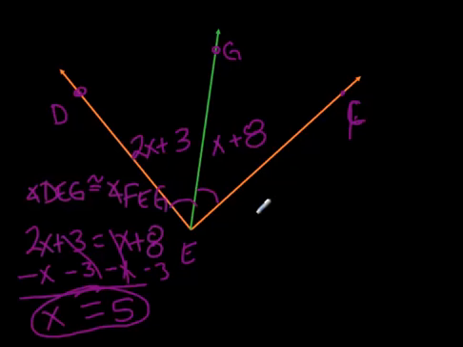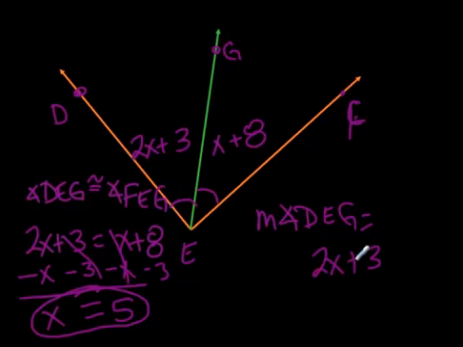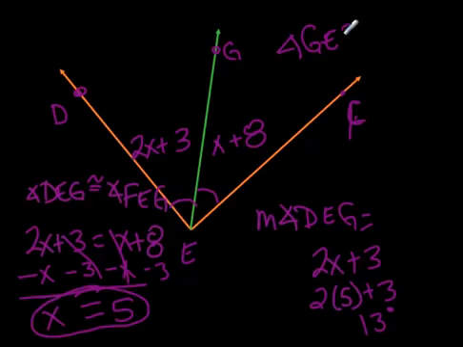Well, what is the measure of angle DEG? We're going to substitute back in. Well, we know that DEG was 2x plus 3. What was x? X equals 5. Therefore, the measure of the angle is 13 degrees. And if we did our math correctly, angle GEF is equal to x plus 8. 5 plus 8 equals 13 indeed.